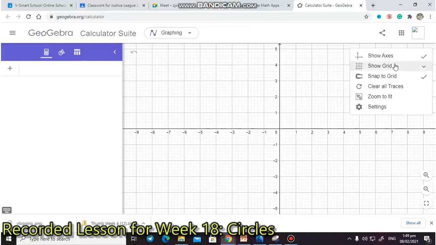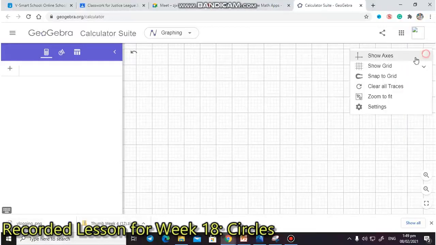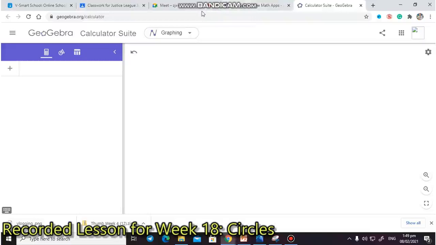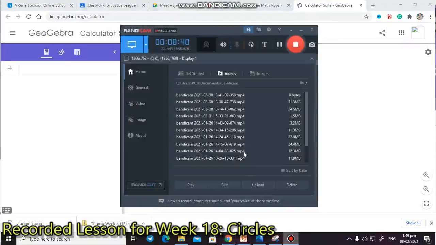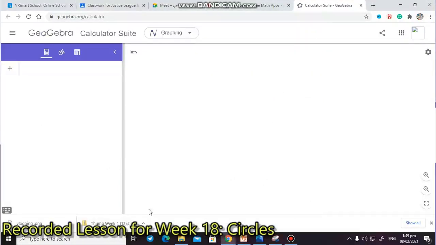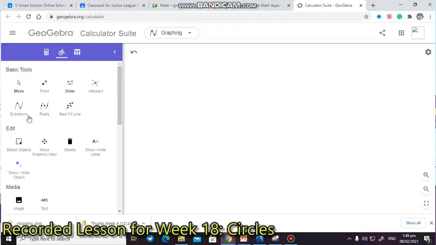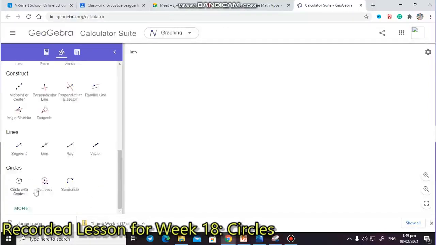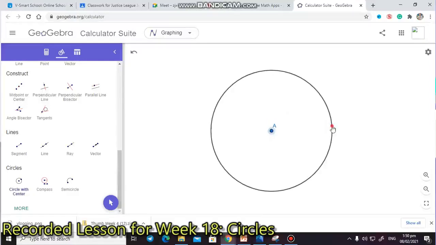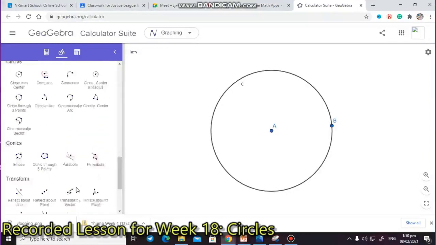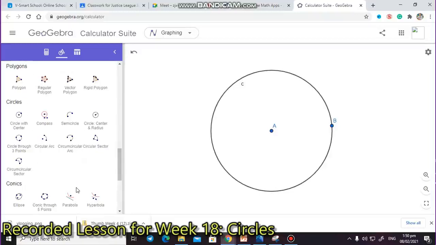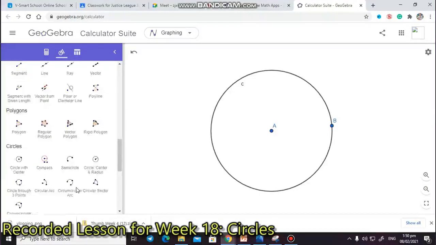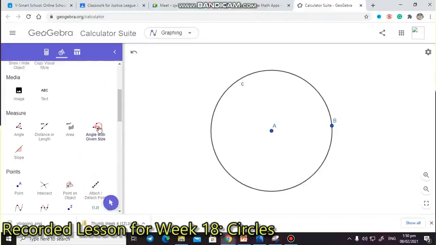Okay, gawa tayo ng figure. Circle. Ayan. Tapos, gawa tayo ng quadrilateral. Okay. So, una natin gawin ay yung kanyang angle. Ayun. Angle with given size.